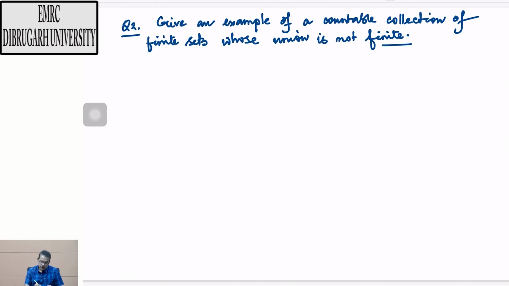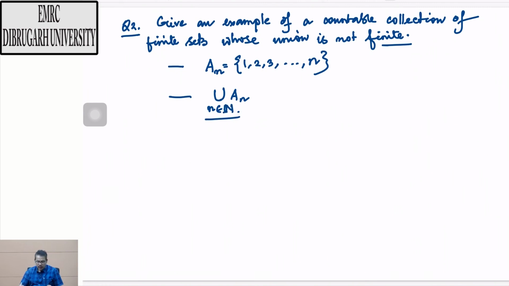In particular, if I take A_n to be the set {1, 2, 3, 4, up to n}, each of these A_n's is finite, but if you look at the union of these A_n's, this is nothing but the set of natural numbers, which is not finite; N is infinite, already we have proved it.